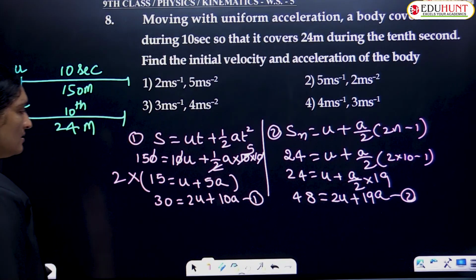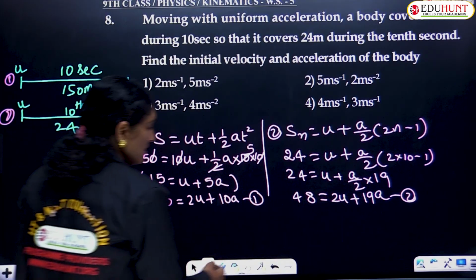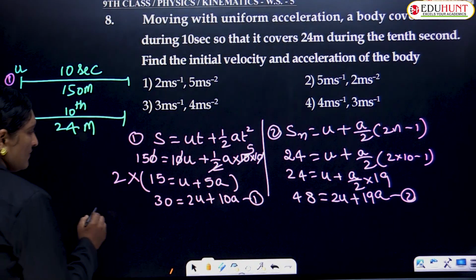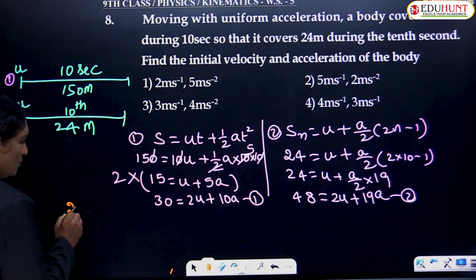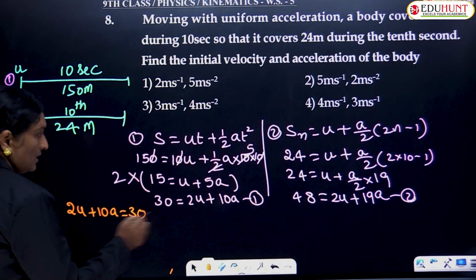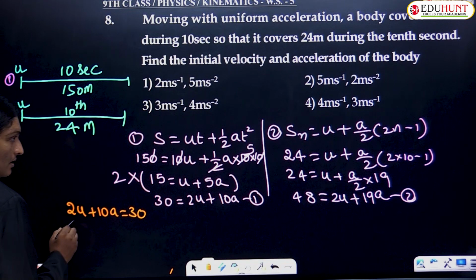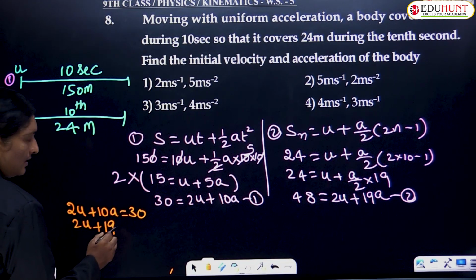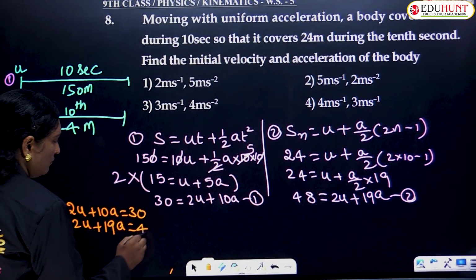So solving the two equations, what do we get, children? The first equation is 2u plus 10a equals 30. Second equation, 2u plus 19a equals 48.